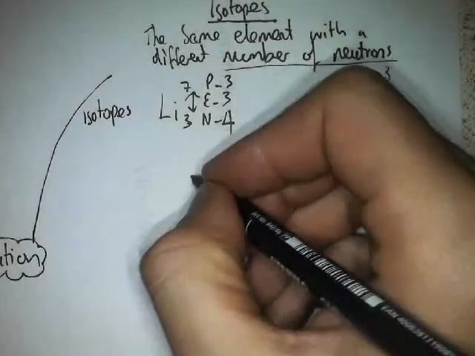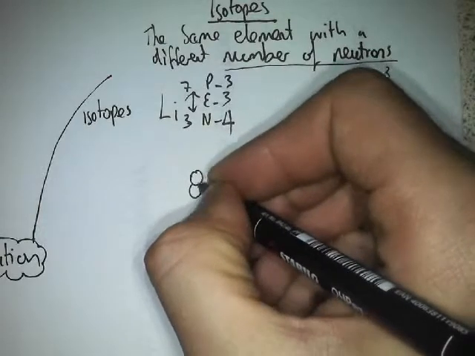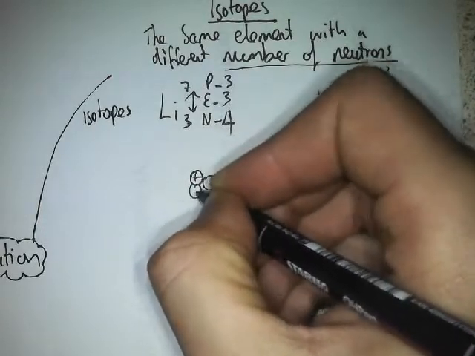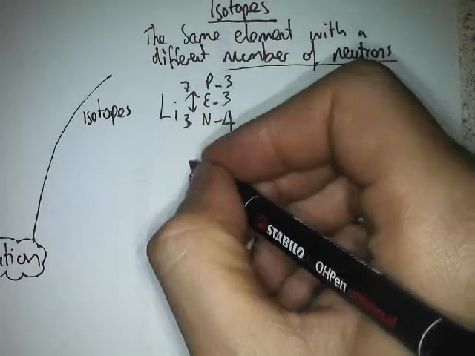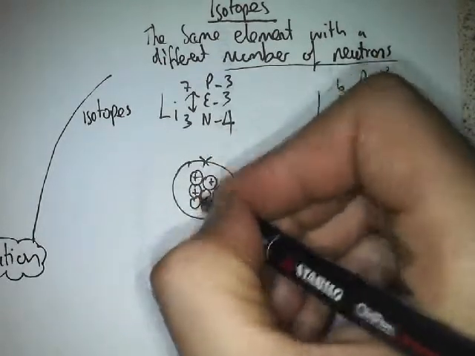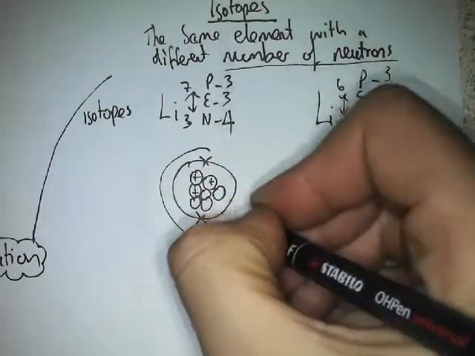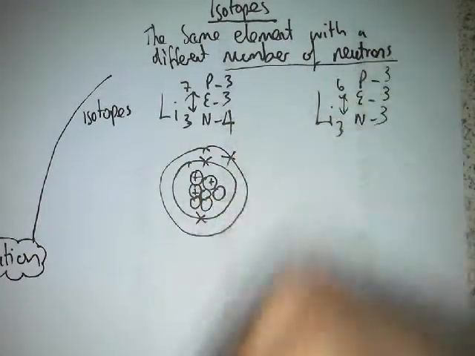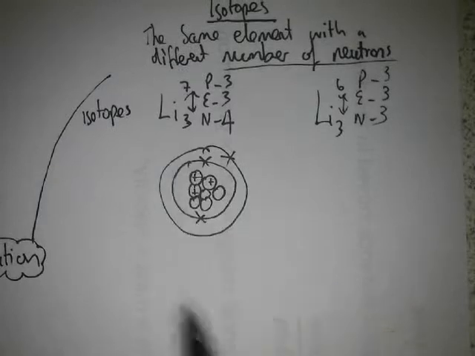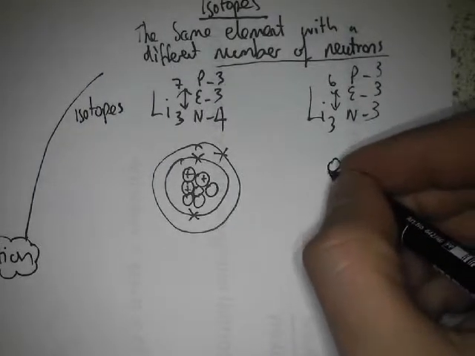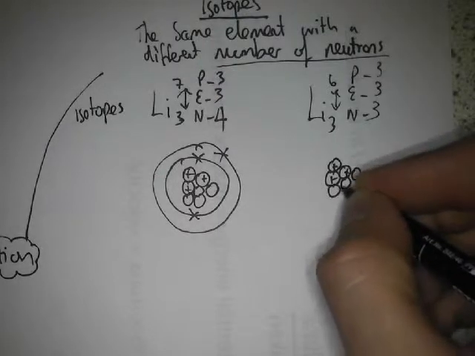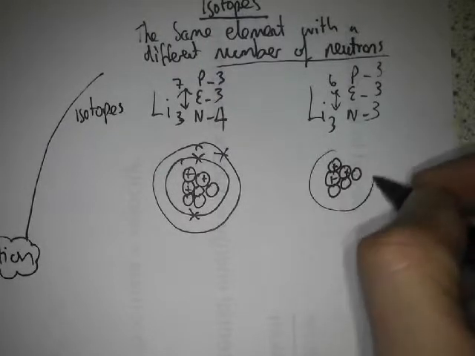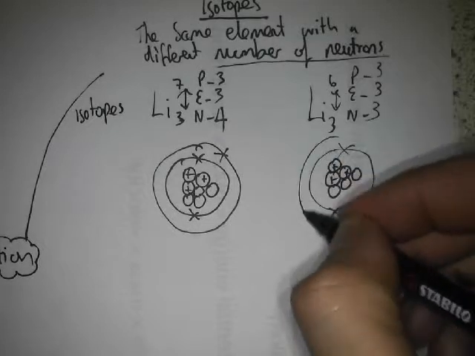If we're going to draw the difference, let's quickly do that: 3 protons, 4 neutrons, and that's what that lithium looks like. And this lithium will just be different because it's still got these 3 pluses, but it's got 3 neutrons and not 4. Still the same number of electrons.